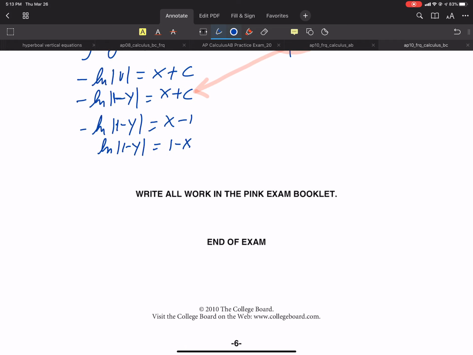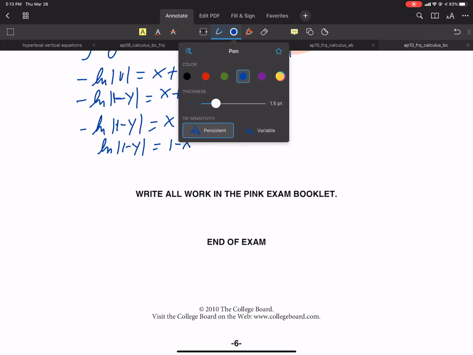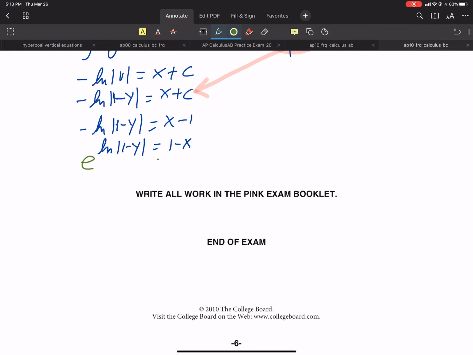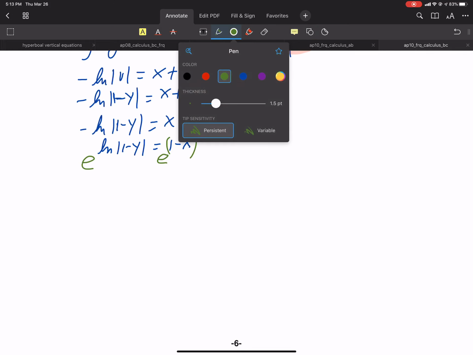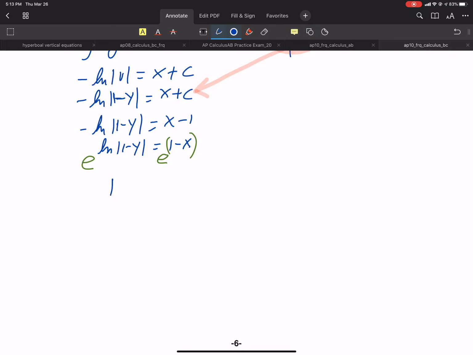Then we are going to use exponent base e on both sides. I'm running out of room, but watch this magic. Yes, watch. It's going to disappear. Magic. So we have 1 minus y on this side.